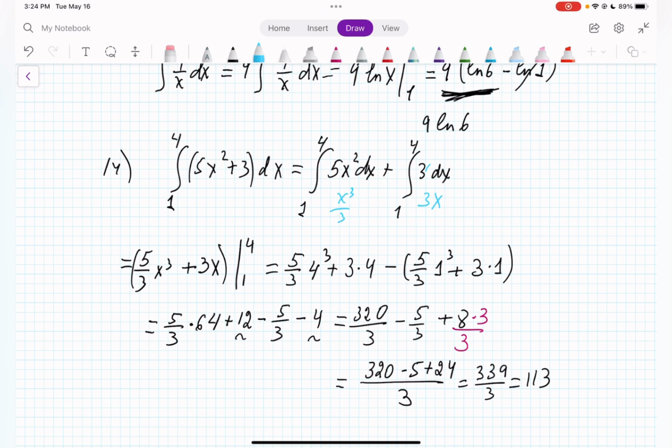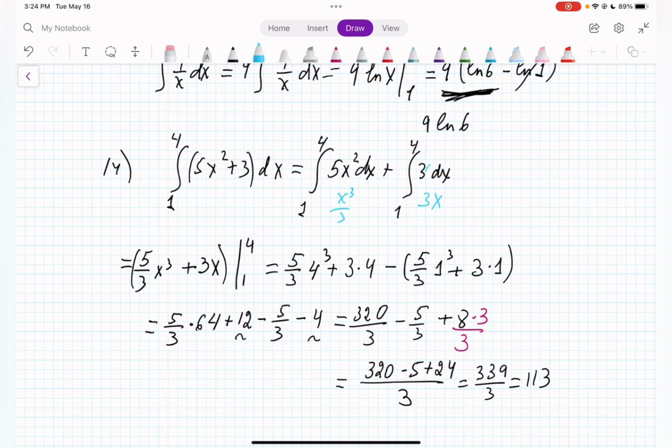Okay, let's do it again. X cubed, we plug in 4 cubed, okay, and then plus 3 times 4. 4 cubed is 64, 5 times 64. Let me punch it on the calculator, because last time I multiplied myself, just in case. 5 times 64, I'm getting 320, very good, divided by 3.